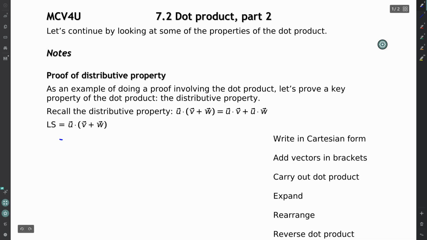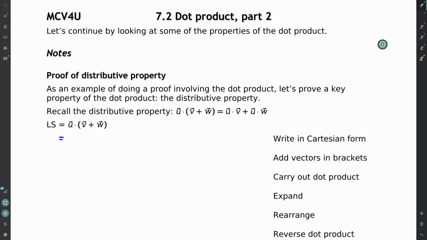Because we know the relationship between Cartesian and geometric vectors, we can flip between them and use whichever form is most convenient. So in this case, we're going to prove the distributive property of the dot product using Cartesian vectors. As usual, when we're doing a proof with Cartesian vectors, there's going to be a lot of subscripts, but bear with me.